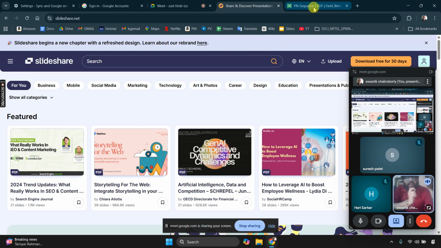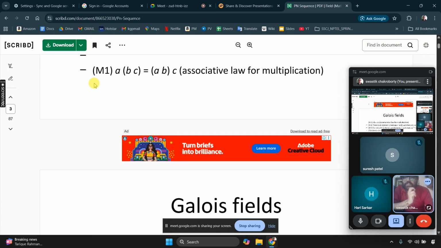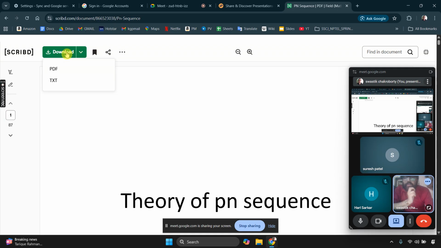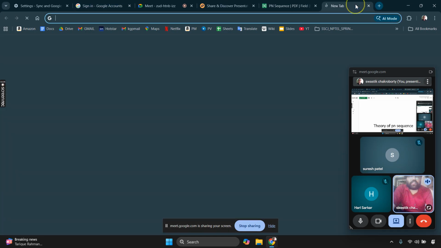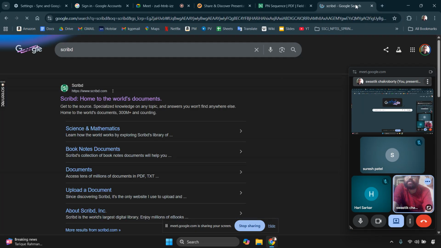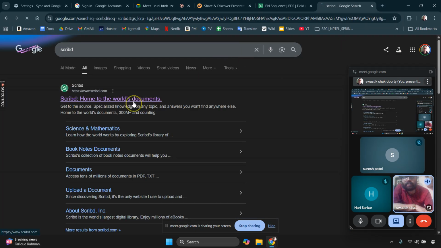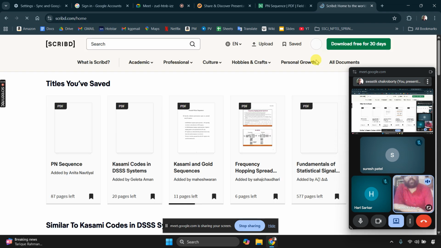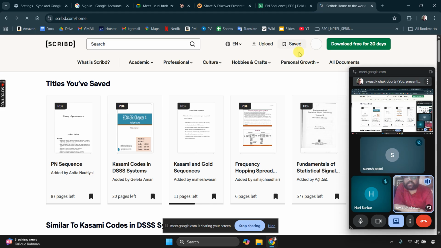To learn about PN sequences, we first have to know about Galois fields. We will give a brief introduction, and then there is another week completely dedicated to Galois fields, where we will go into them in detail.